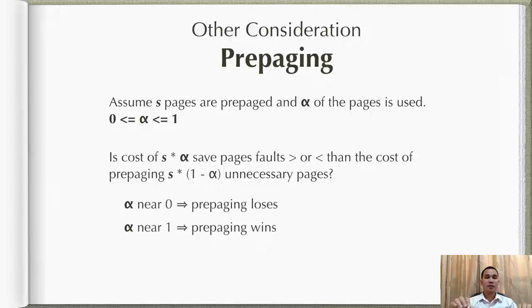The question is whether the cost of S times alpha saved page faults is greater than or less than the cost of pre-paging S times (1 minus alpha) unnecessary pages? As alpha nears 0, pre-paging loses. But as alpha nears 1, pre-paging wins.